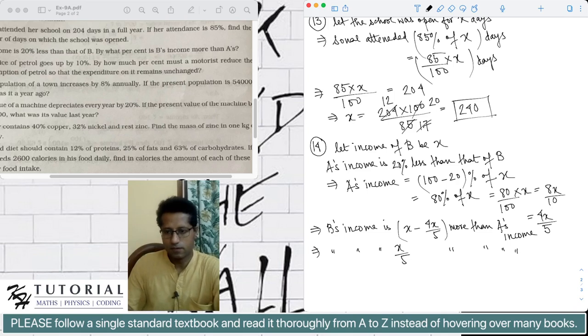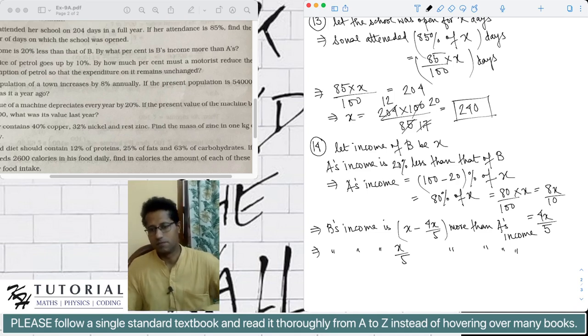Now we have to find what percent. So the question is, what percent is X by 5 of A's income, that is 4X by 5.